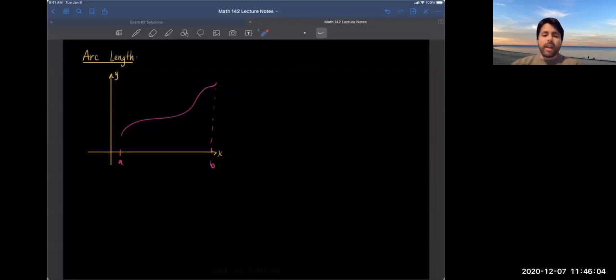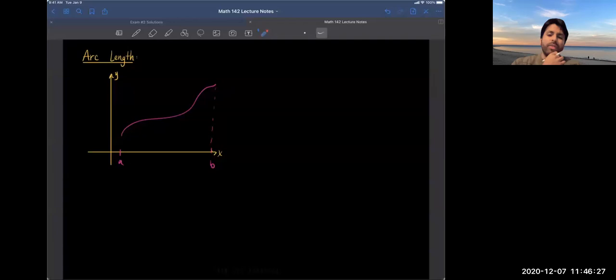How do you think we can approximate this? When we talked about areas under curves, what did we use to approximate? We use things that we know. Rectangles. And when we did volume, what did we use? Cylinders.